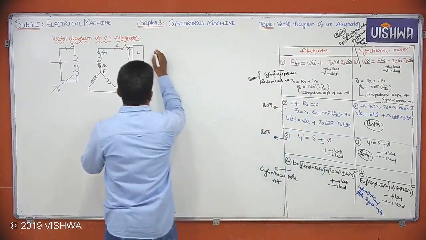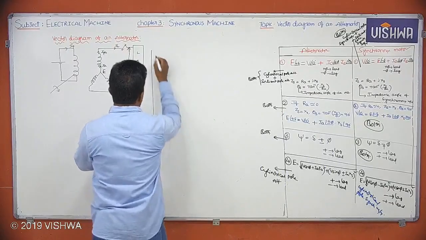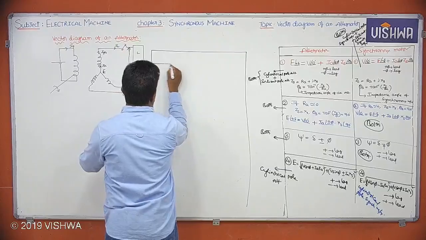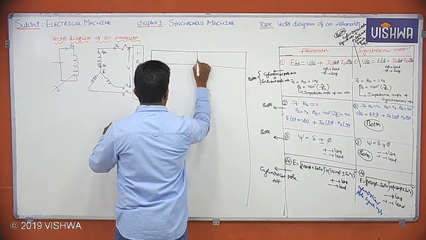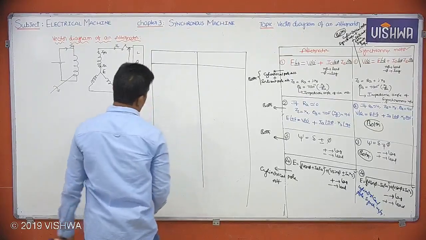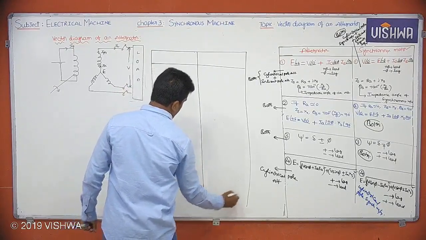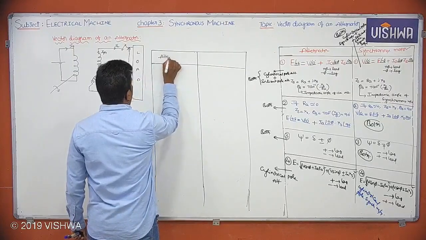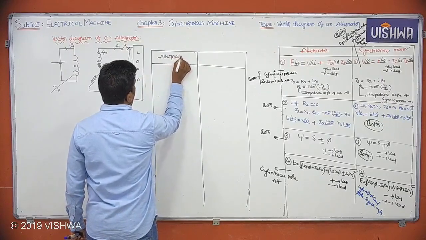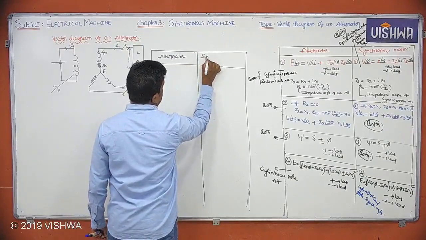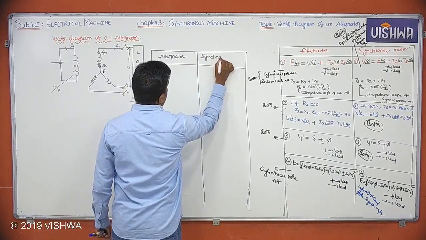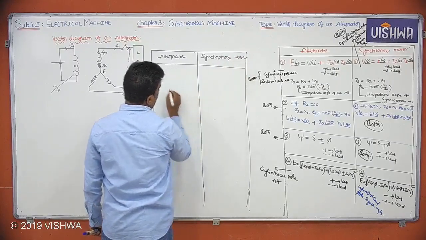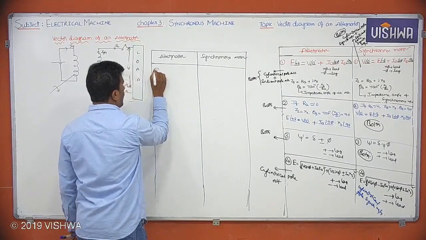So formula number 5 I am just giving here. This is for alternator and this is for synchronous motor. Formula number 5.